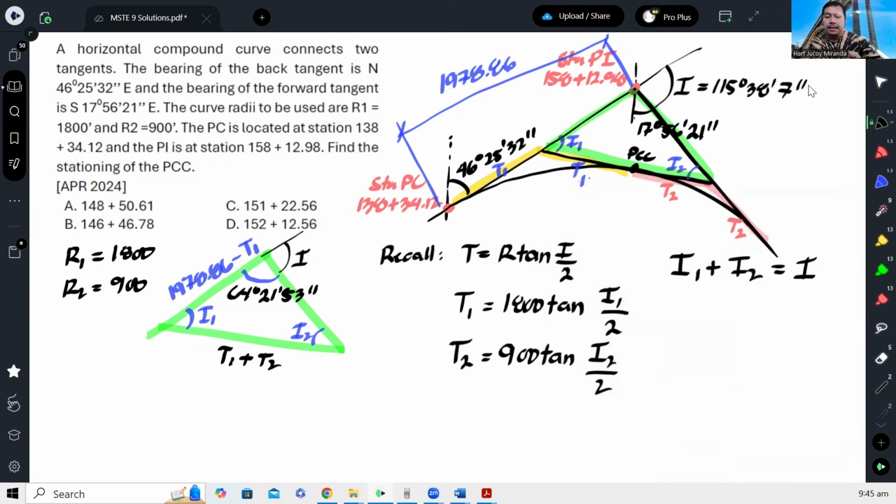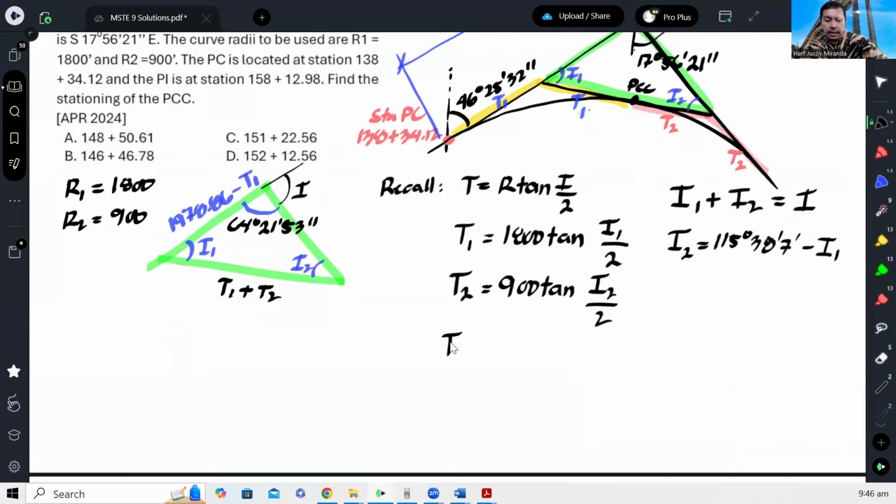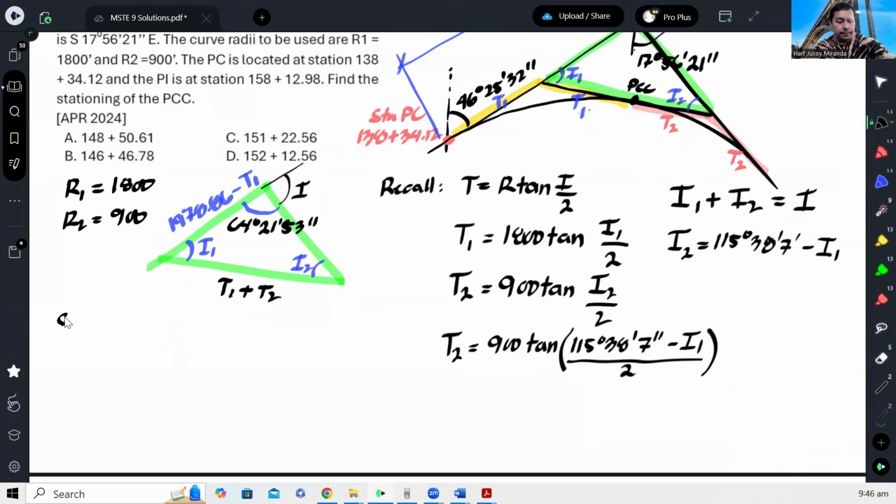Okay? So, ibig sabihin, we can define I2 in terms of I1, which is 115 degrees, 38 minutes, 7 seconds minus I1. So, ibig sabihin, itong T2, pwede nating isulat as 900 tangent of 115 degrees, 38 minutes, 7 seconds minus I1 all over 2. Okay, para puro in terms of I1 na lang tayo. And hopefully, masolve natin yung I1. Okay? So, from this triangle, we can now perform sine law.